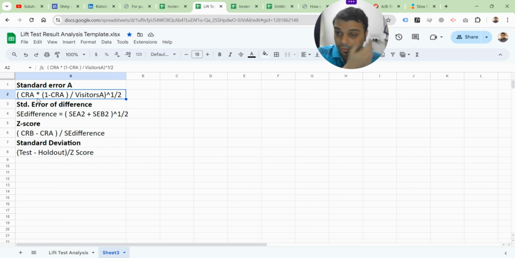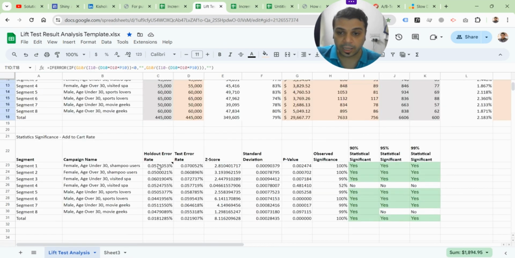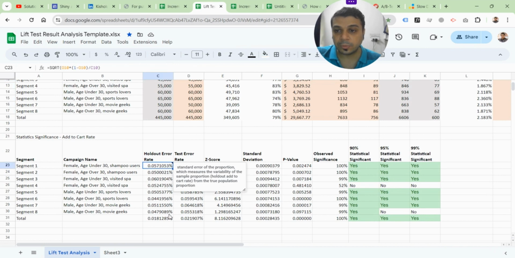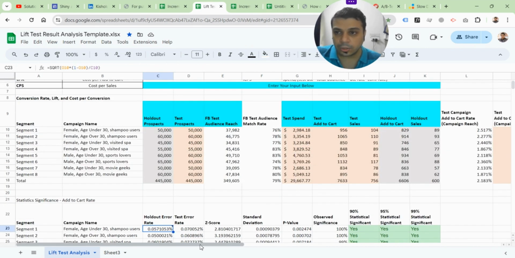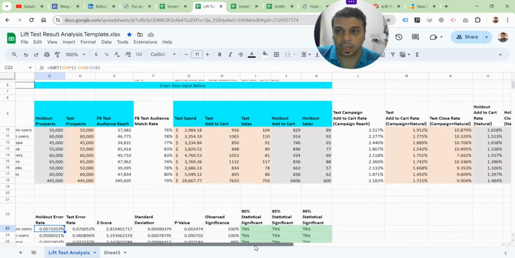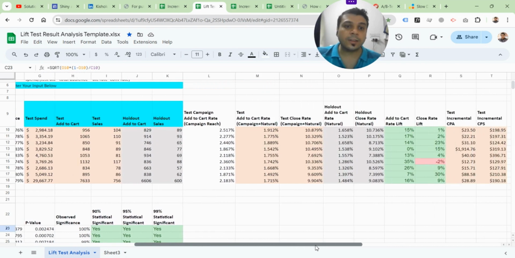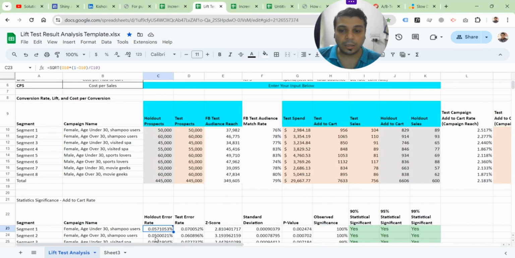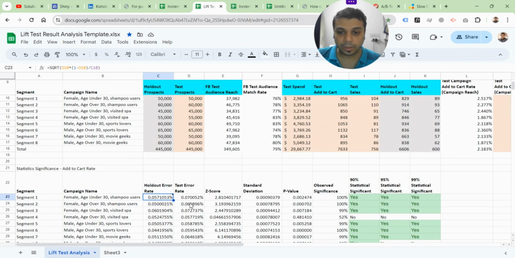So this, by the way, is the conversion rate, but this could be anything. In our case, it would be the standard error of the proportion. So in our case, the proportion here is going to be the add to cart rate basically.